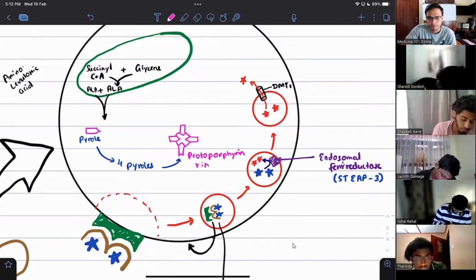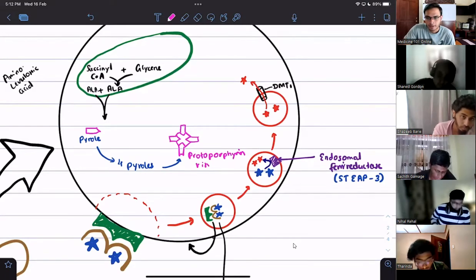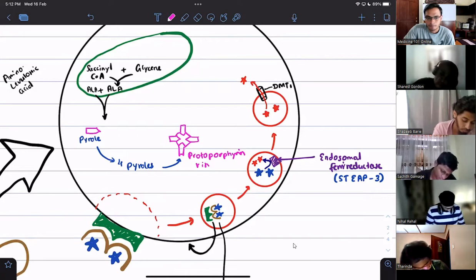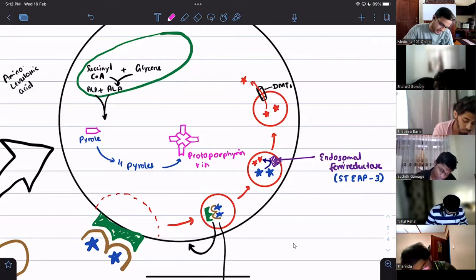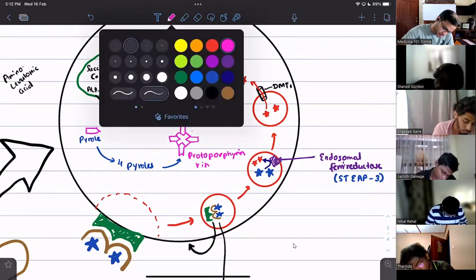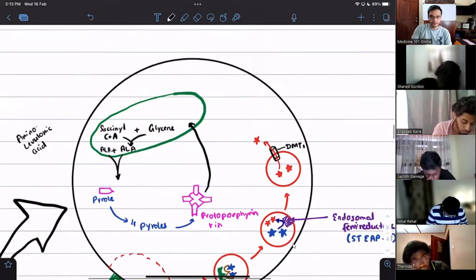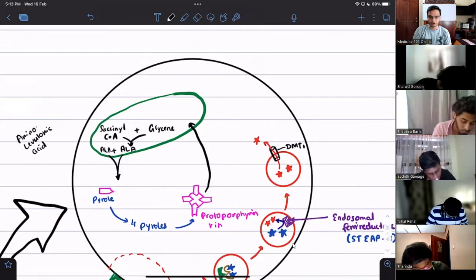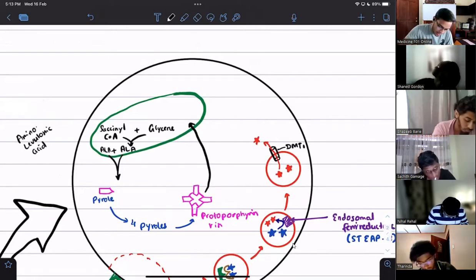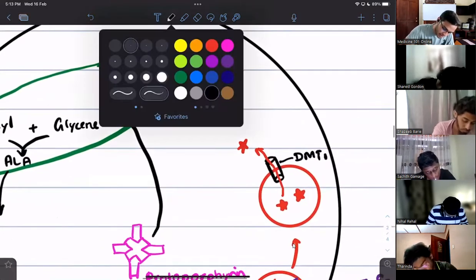The protoporphyrin ring, guys, let me draw it like this. It comes back here into the mitochondrion, where it is loaded with the iron.